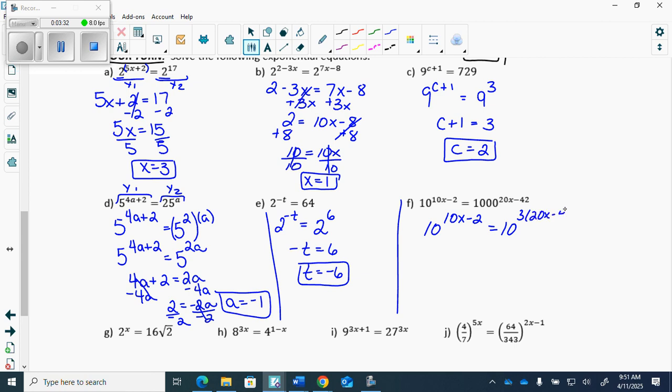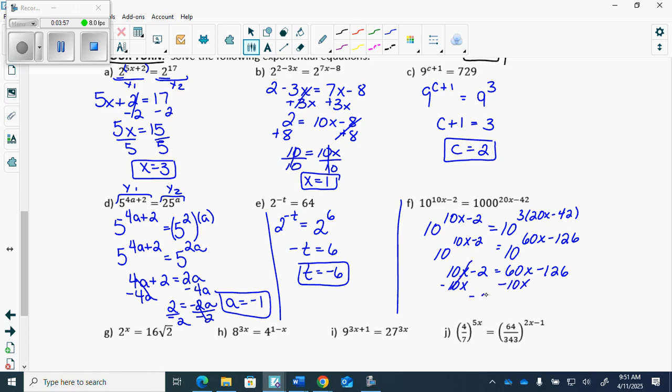20x minus 42. So I get 10 to the 10x minus 2 equals 10 to the 60x minus 126. 10x minus 2 equals 60x minus 126. And then a lot of people get stuck here. Pick an x, move it. If you're thinking more than 3 seconds, you've wasted time in your life you're not getting back.